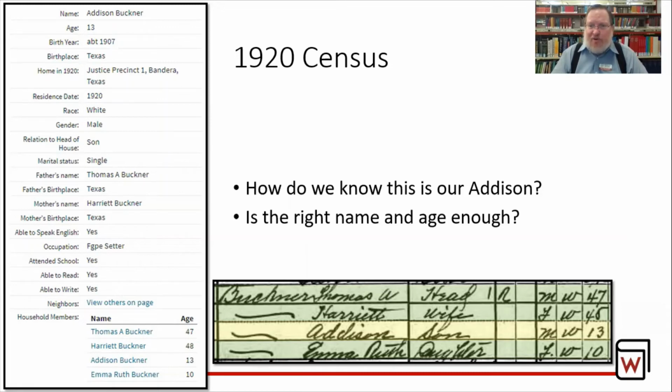That's why it's so important to start with yourself and collect as much information for each generation, because it's going to give you the clues that you need to get past and confirm that you're on the right track. You don't want to be the guy that showed up at my desk one day and said, "I have been researching for 10 years along the wrong line of inquiry, and I just found that out today." That's something you don't want to have happen to you. You want to build your case and your proof for each generation as deep as you possibly can.